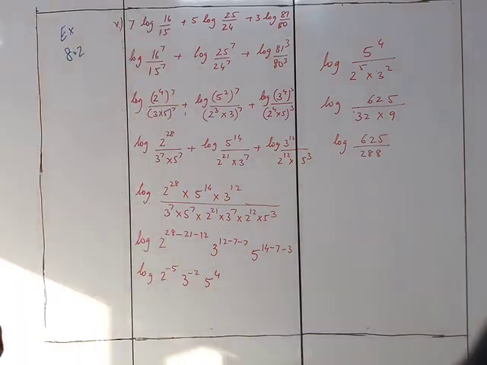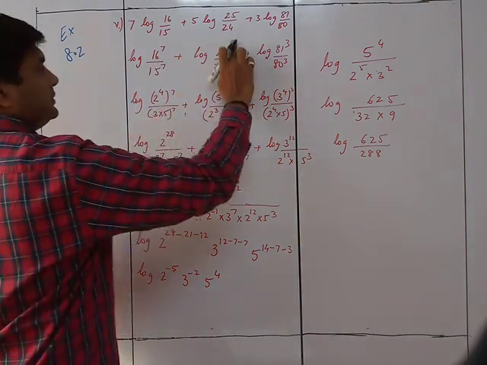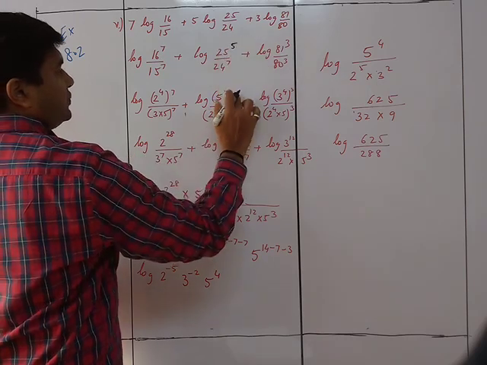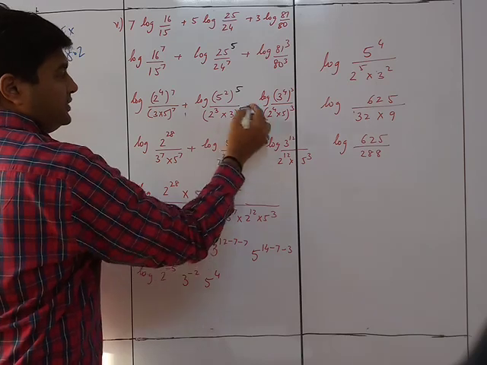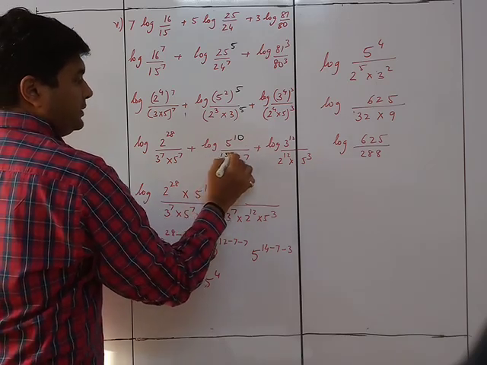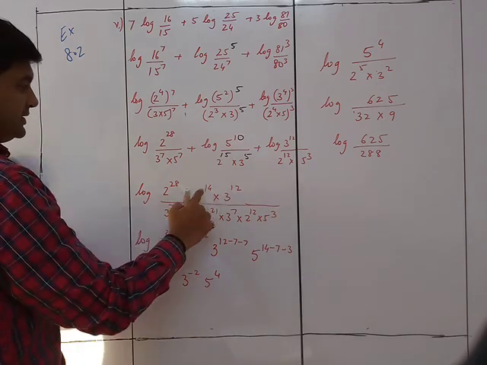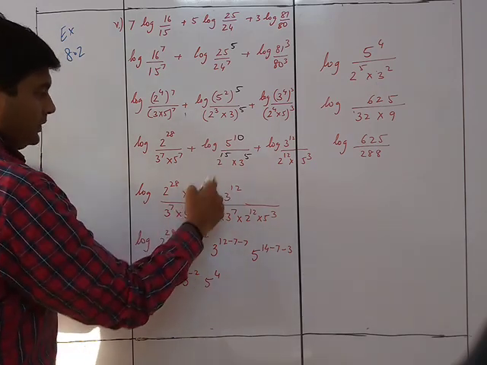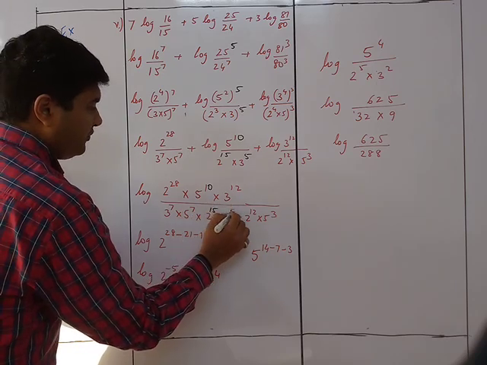Somewhere I made a mistake. Okay, sorry, I got the mistake over here. We see that it was 5, but I wrote 7 everywhere. So this was 5, this was 5, this was 5. So this was 10, this was 15, this was 5. Okay, so that makes it 10, this 15 and this 5.